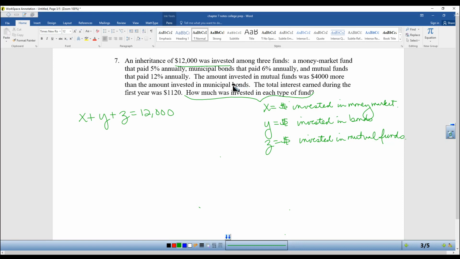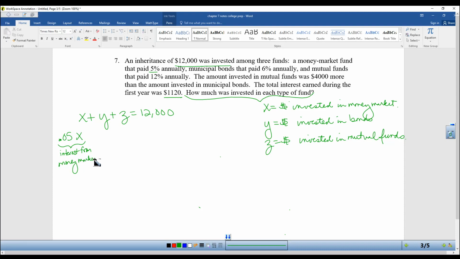And then it says how much each paid. So you have to put 2 pieces of information together. How much percent interest each paid, and then how much the interest actually was. So however much you invested in the money market, you got 5% in interest. So 0.05 of X will give you the interest from the money market account.